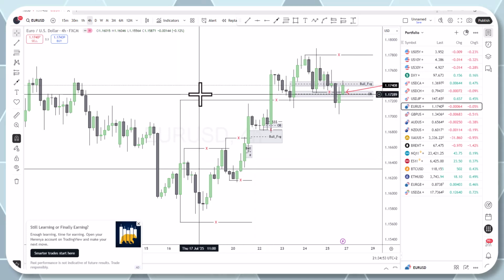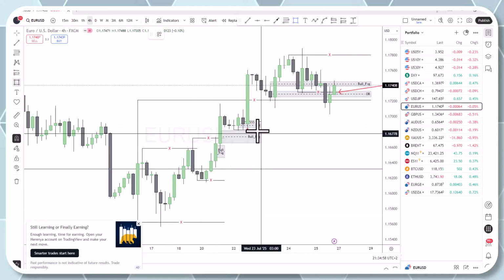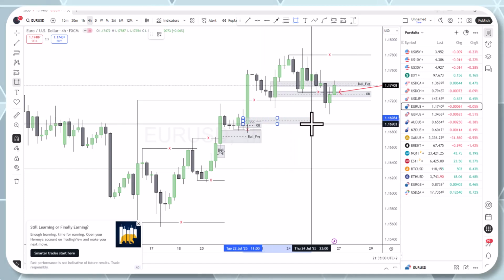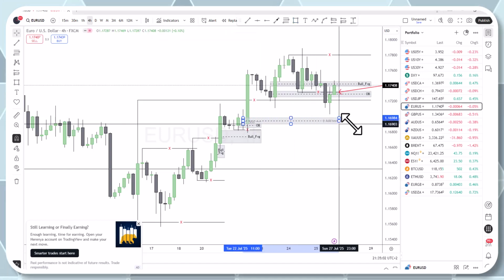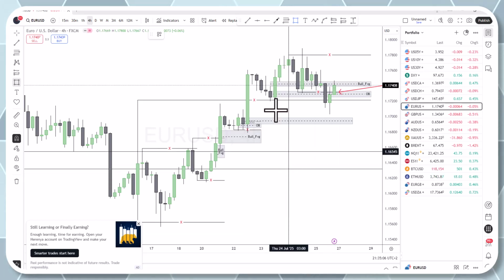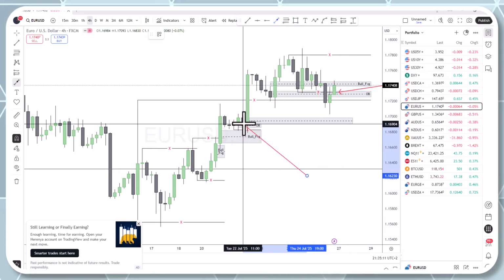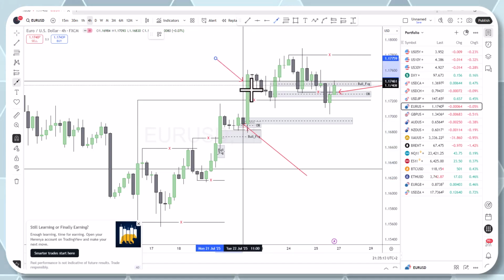Then I'm going to highlight for you bullish order blocks. You can see here we've got a bullish order block, valid, and we also have one here. This is valid, so that's one, and that's two.